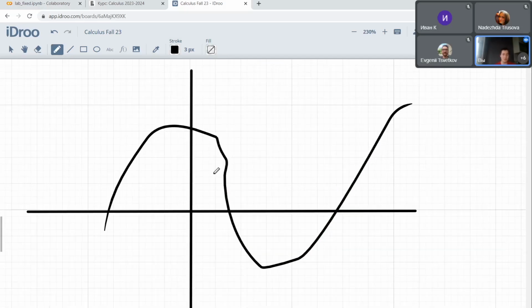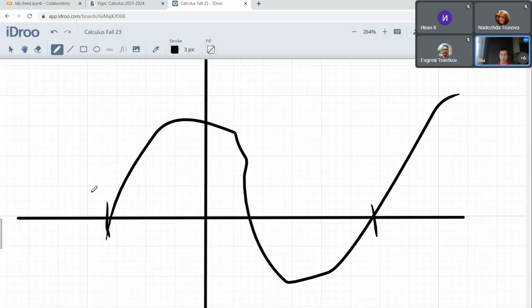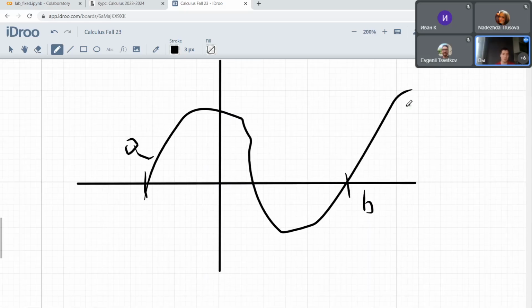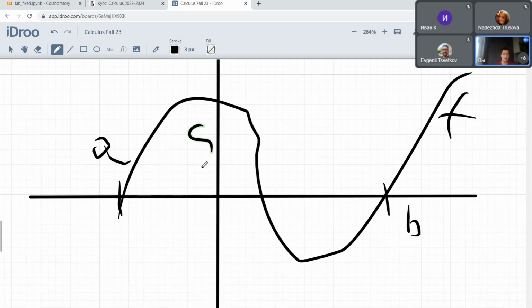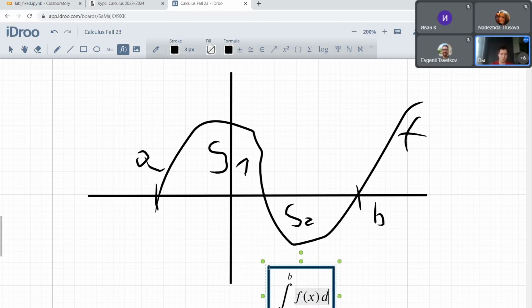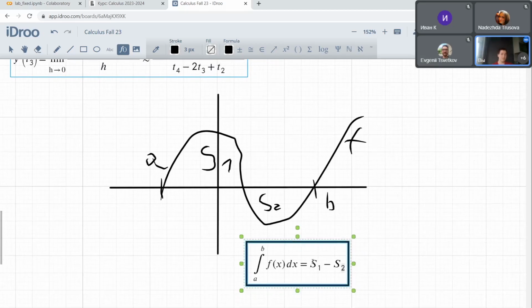Area under the curve is not a very good term, because if you are looking for the integral of function f from a to b, the definite integral of function f equals S1 minus S2, because a square area is always positive.